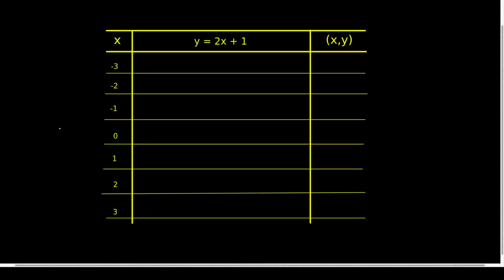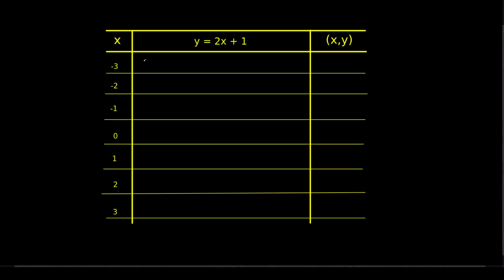Suppose we want to graph the equation y equals 2x minus 1. You were probably taught to find several values of x and substitute them into the equation to determine the resulting value of y. So many people will go from, let's say, -3, -2, -1, 0, 1, 2, and 3.